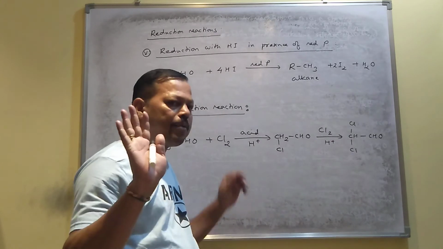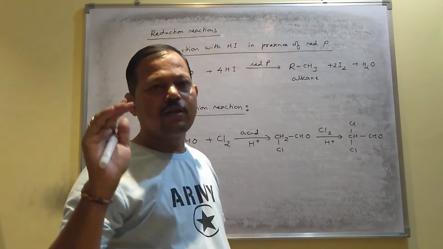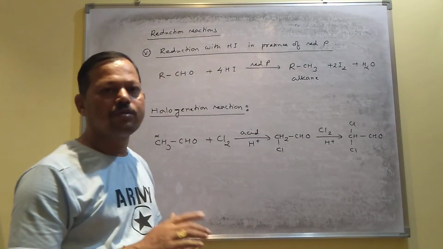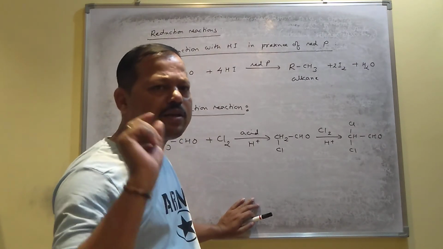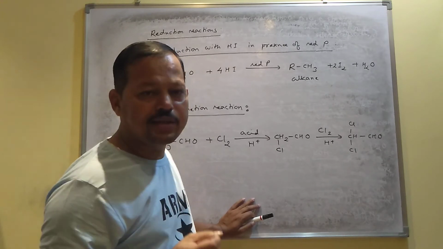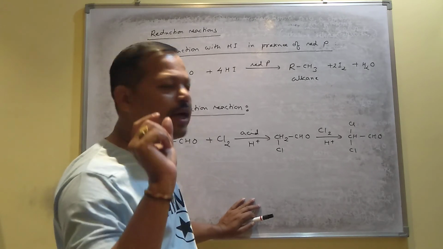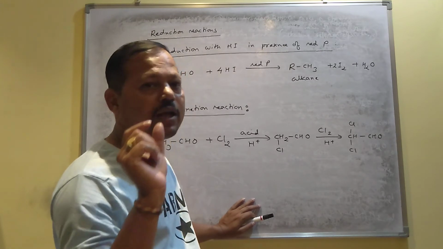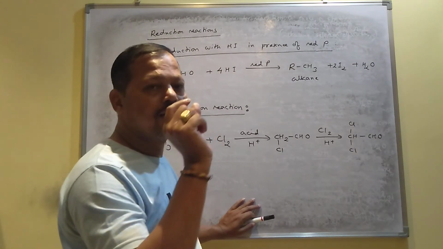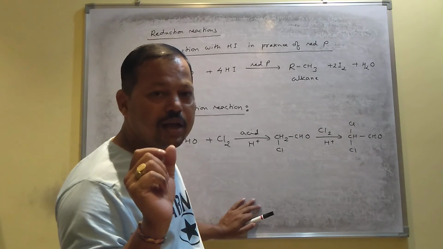So reduction, you have got 5 reductions. Among them, the Wolff-Kishner reduction and Clemmensen reduction are very, very important for exam. Mainly you should know about the reagent. Zinc, mercury, HCl, similarly magnesium, mercury, HCl.